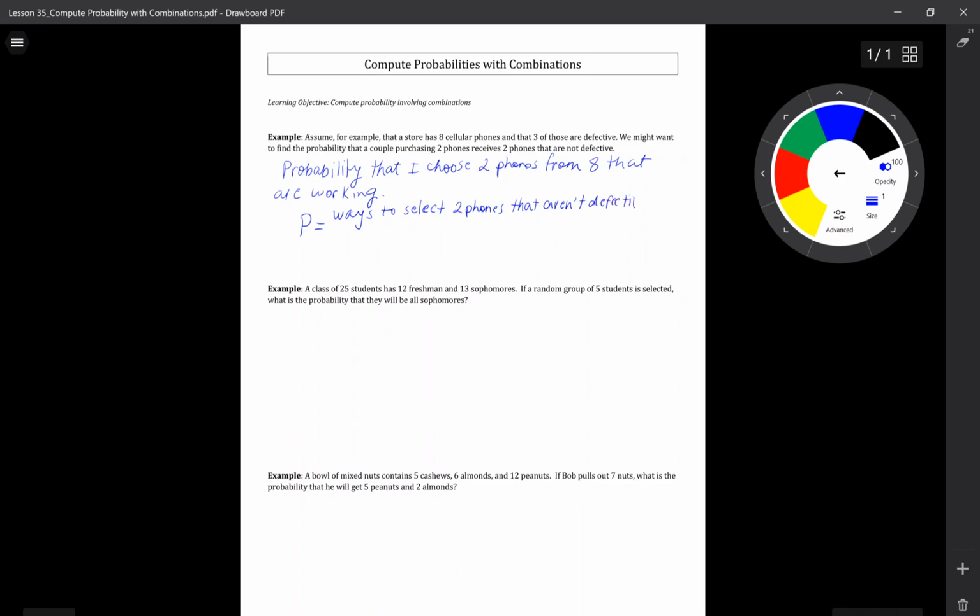So this is the pool of possibilities that I want. And then I have to divide that by the total number of possibilities, right? So I'm choosing 2 phones from 8. So I have to divide this by the number of ways to select 2 phones.